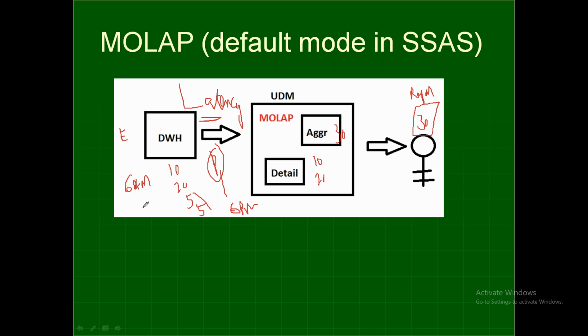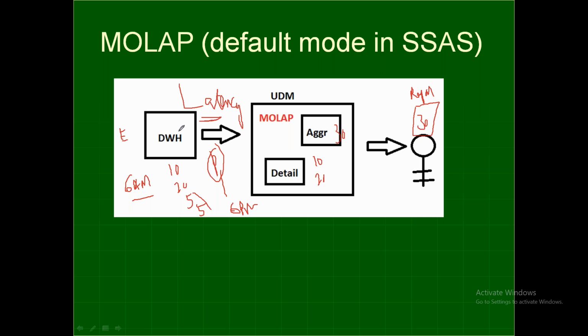The only problem with MOLAP is latency, delay. What do you mean by delay? The data warehouse is getting the data every week or every month, and until you process the cube, or you may be processing the cube in the evening while getting the data in the morning. So what happens is a delay here. That is the MOLAP disadvantage.